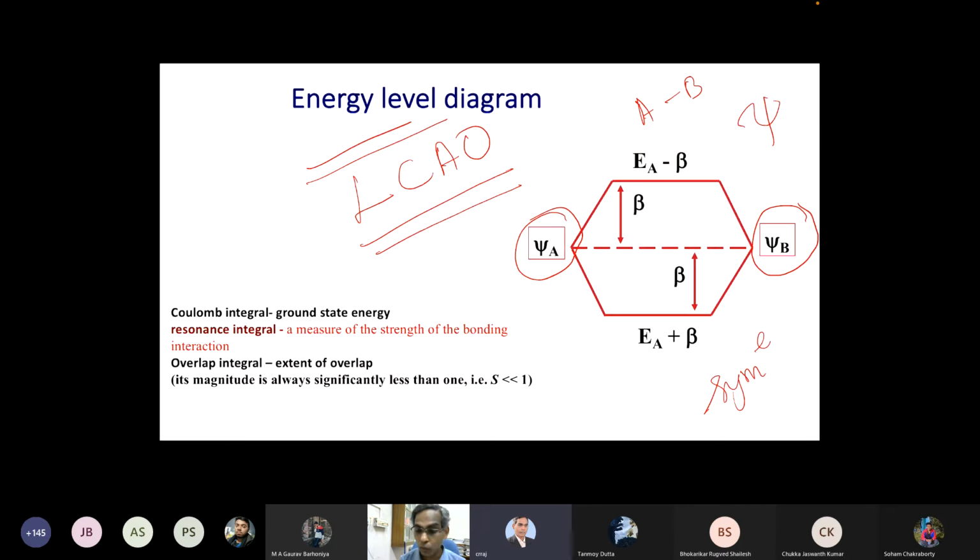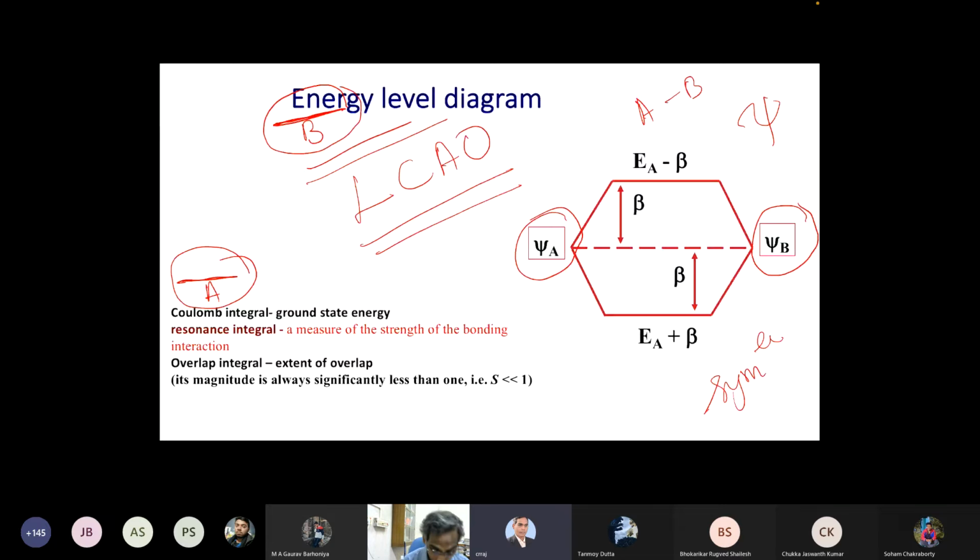Somebody asked the question, why should the energy be similar? Say for example, let me draw. This is your A, and another one is B, which has energy somewhere here. This is the atomic orbital of atom A, and this is the atomic orbital of the other.